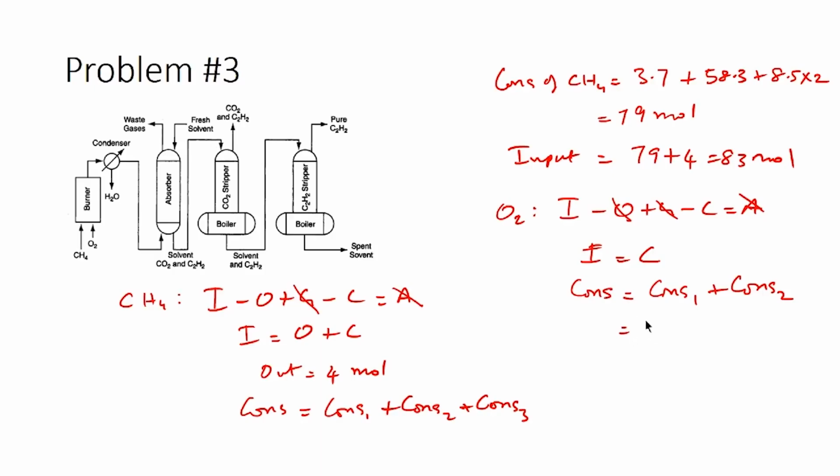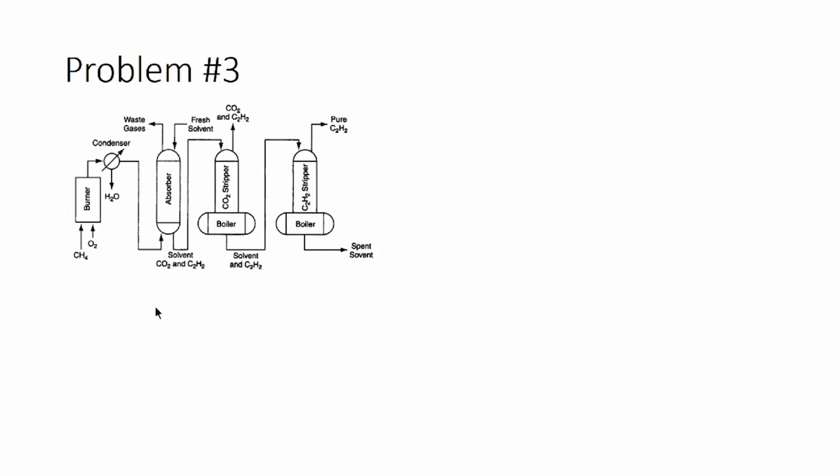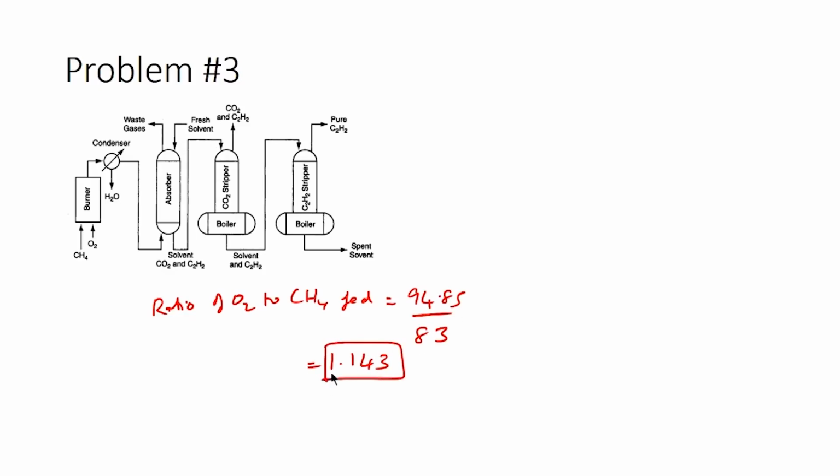So the consumption of oxygen is equal to the generation of carbon dioxide times 2 plus the generation of carbon monoxide times 1.5, which is 94.85 moles. Therefore, the input of oxygen is equal to 94.85 moles. Based on this we can calculate the ratio of oxygen to methane fed as 94.85 divided by 83, which is equal to 1.143. This is the ratio of oxygen to methane being fed.